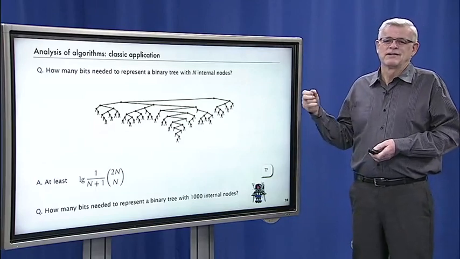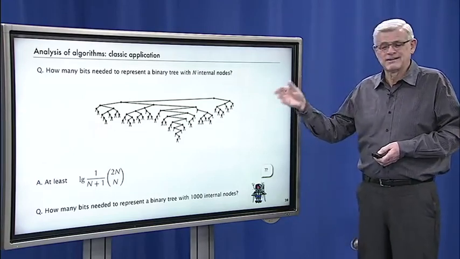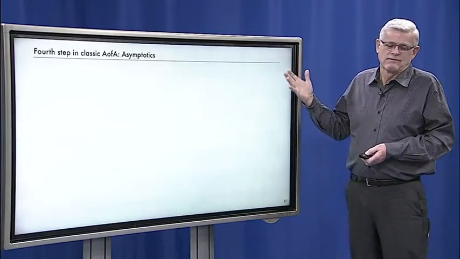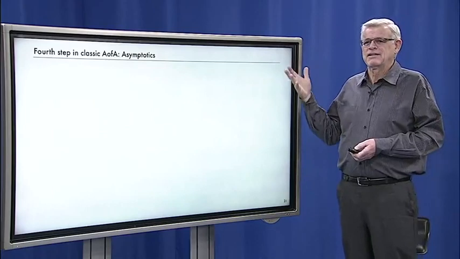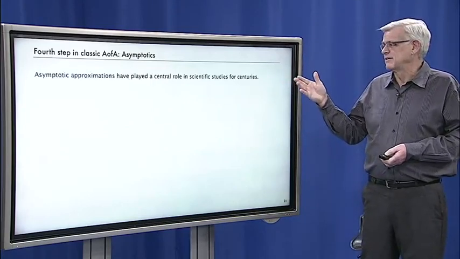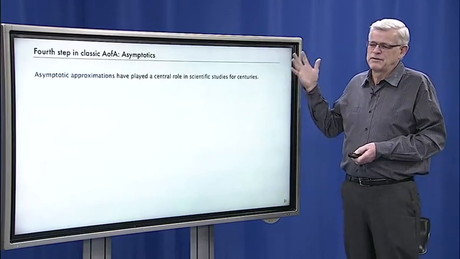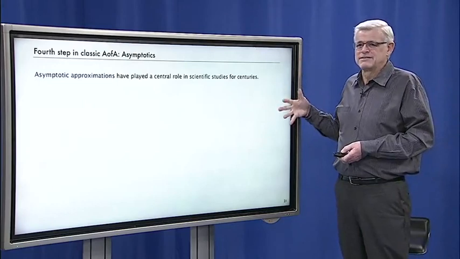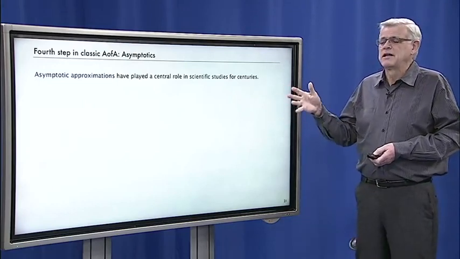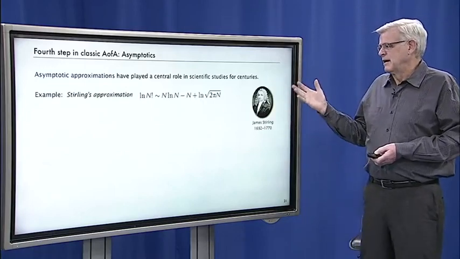And so they were looking for really efficient ways to calculate things, not using a computer at all. And in fact, what's called asymptotics or asymptotic estimates has played a central role in scientific calculations for centuries. And so there's a vast array of techniques available to us to do a little bit better job than giving a complex mathematical expression.